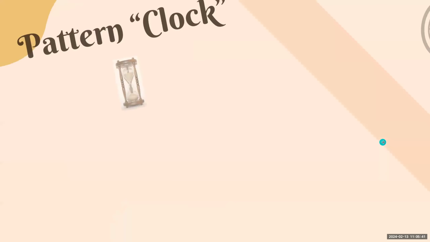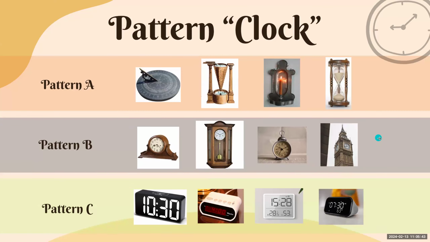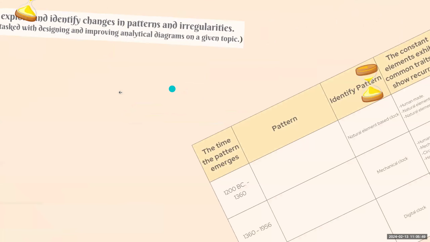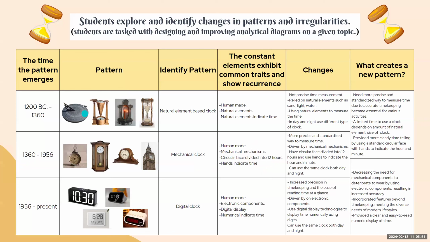So the pattern that I choose is the clock. I separate the pattern by the operation and the appearance of the clock. We will start at the first pattern, which emerged since 1200 before centuries.